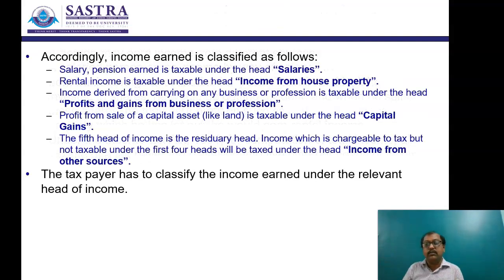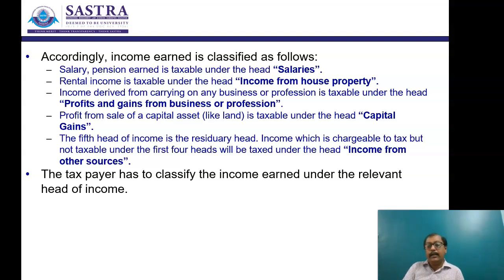This is what it is. Under the head of salaries, income from house property, profits or gains from business or profession, capital gains, and income chargeable under other sources of income.